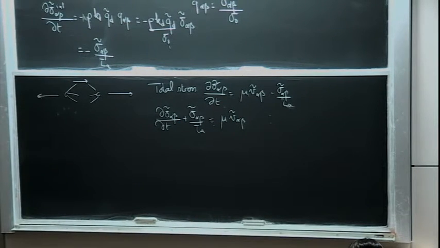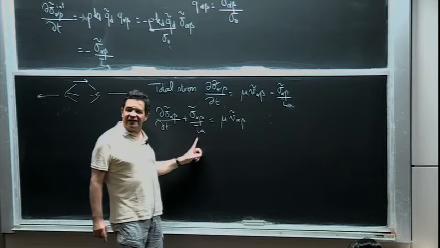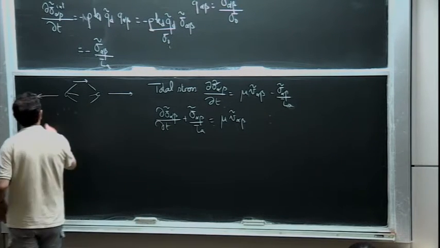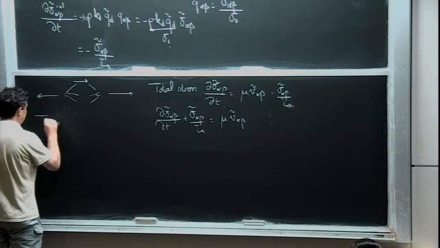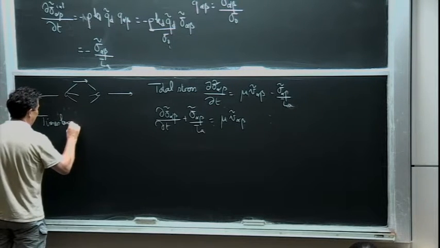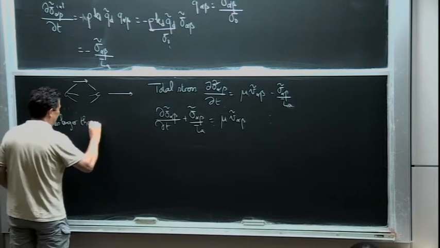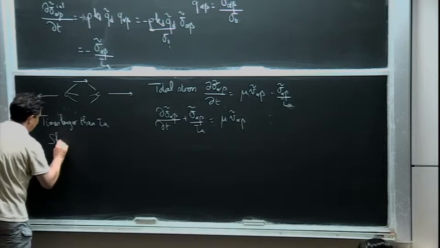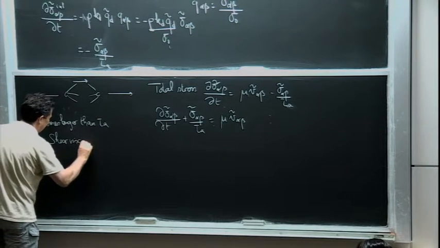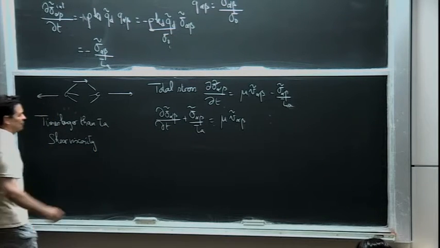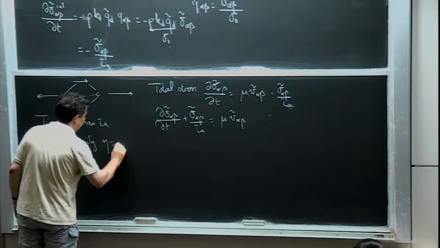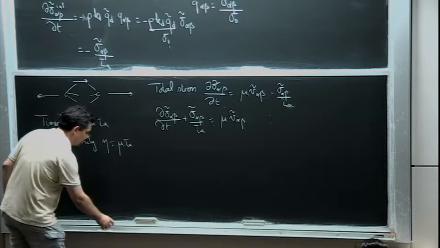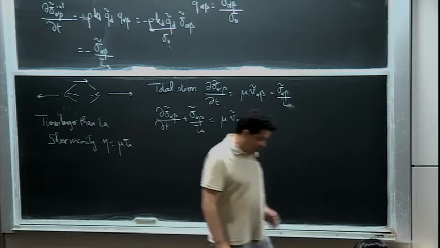So what this means is that if I look at times longer than tau a, the tissue is a viscoelastic liquid, and it flows with a shear viscosity eta equals mu tau a.